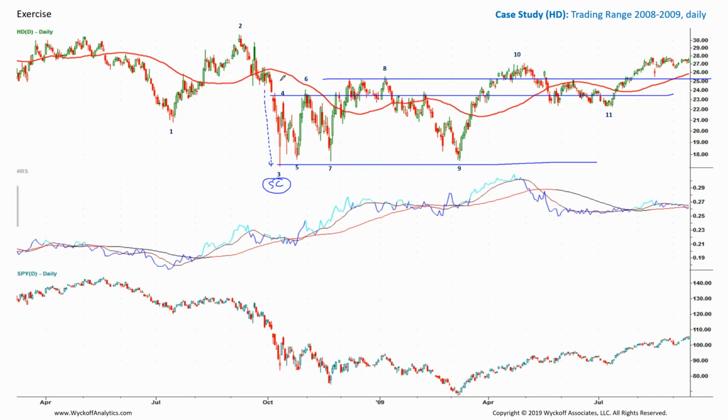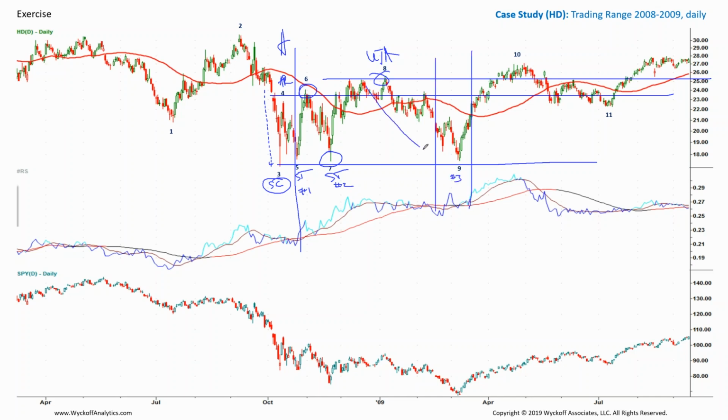And so your 4, AR, your automatic reaction. 5, secondary test. There's your phase A. Phase A. Okay. Yeah. Test and B. Test. Yep. 7, upthrust. 8. Okay. Yep. Upthrust. Yep. Secondary test. What about 9? 9, I guess that's your third secondary test. So that could be your phase C at 9.